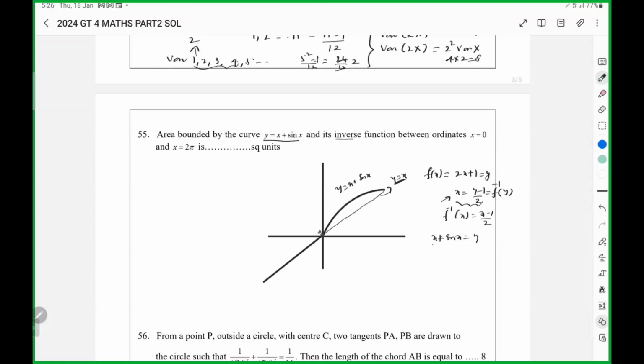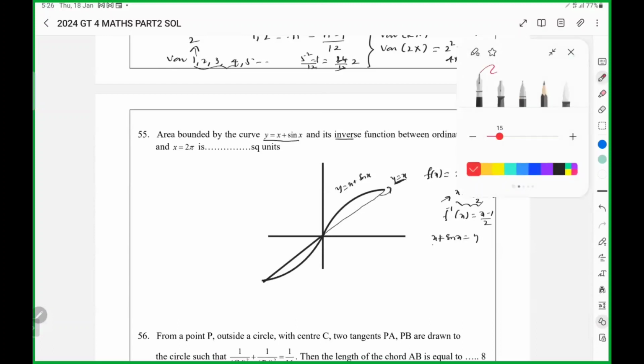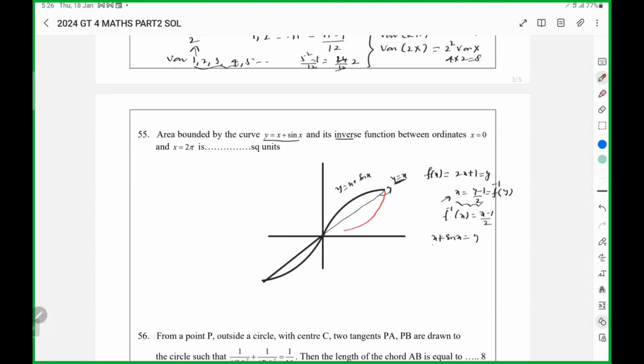So this is y equal to x plus sin x. Inverse graph will be like this. So to find out required area, you find this area and multiply it by it.